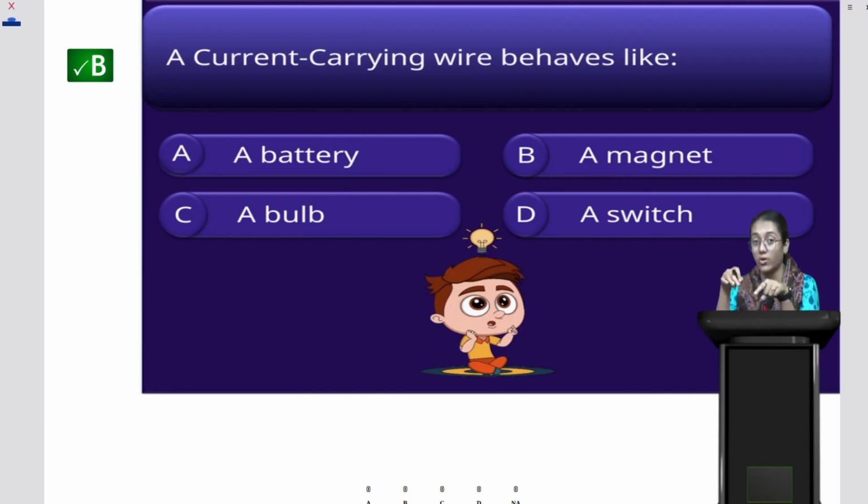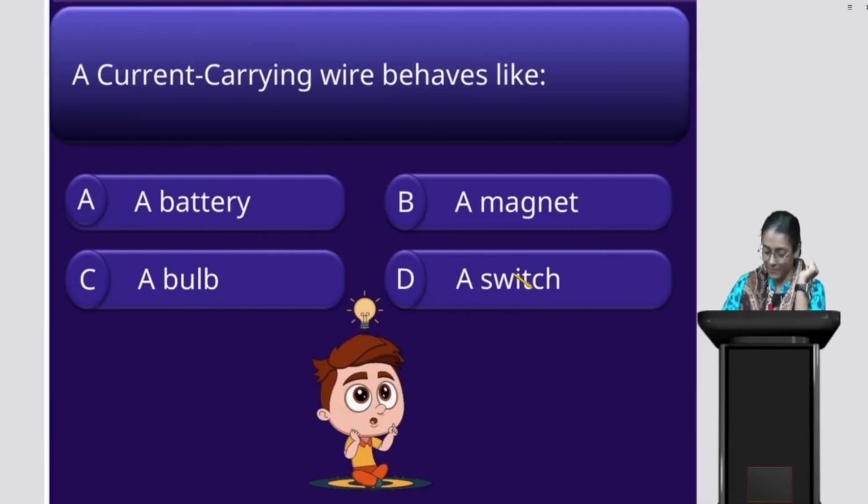There also, whenever the switch was turned on, what happened? The current started to flow and the iron nail also started to act like a magnet, and all the iron paper clips got attracted towards it, isn't it? So from this we can say that the current carrying wire, whenever the current is flowing through the wires, behaves like a magnet. Clear, everyone?